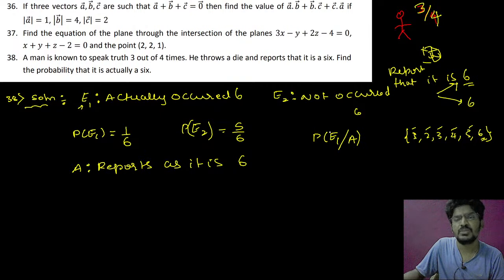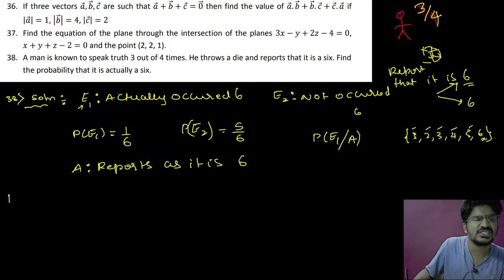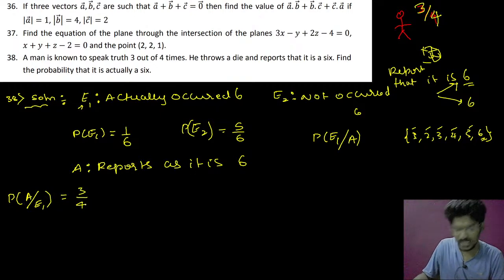So the probability of A given E1, that he is reporting 6 and 6 has already occurred, will be 3 by 4. They have only given that.